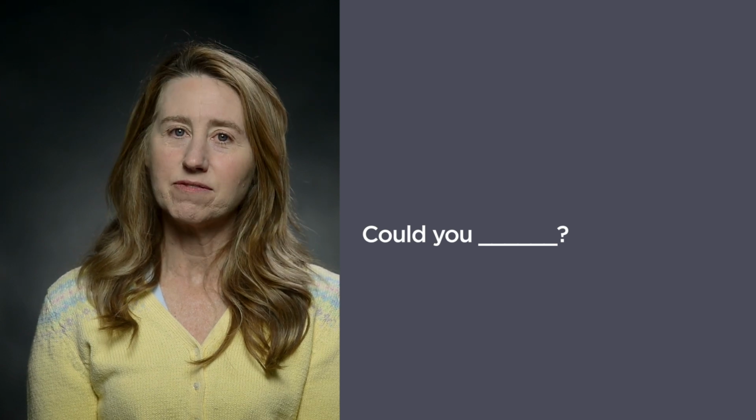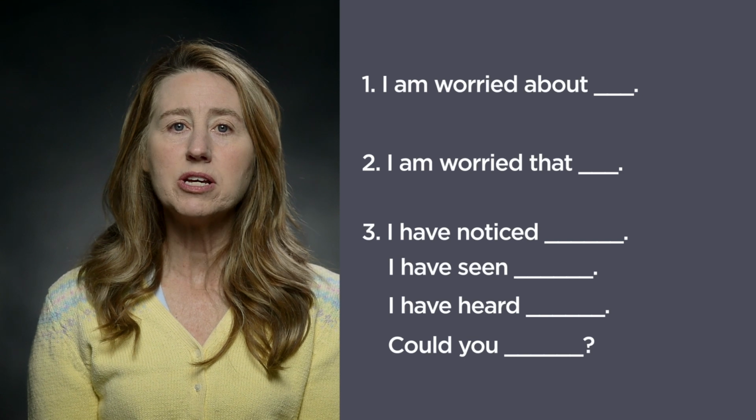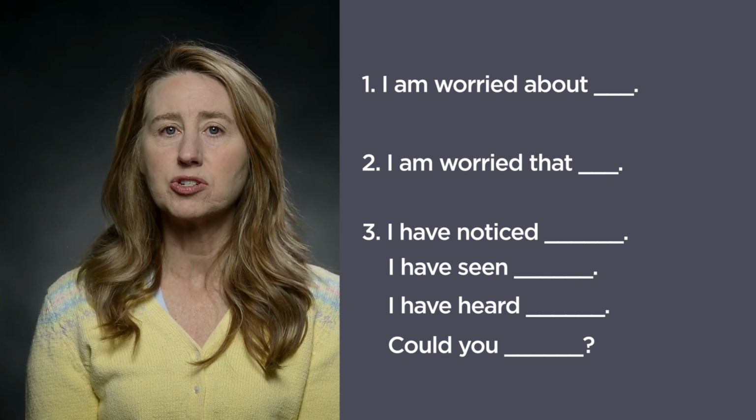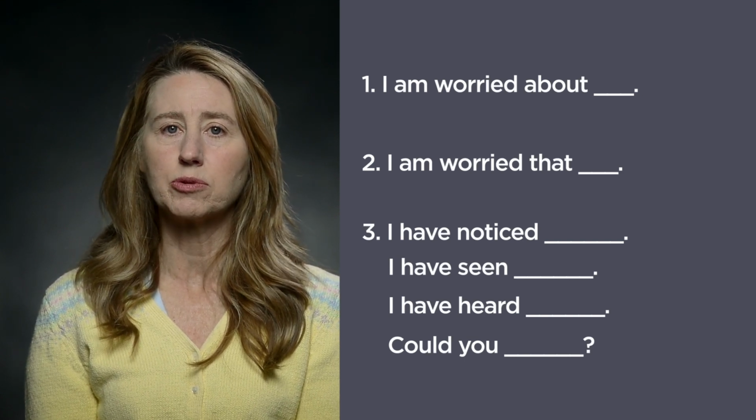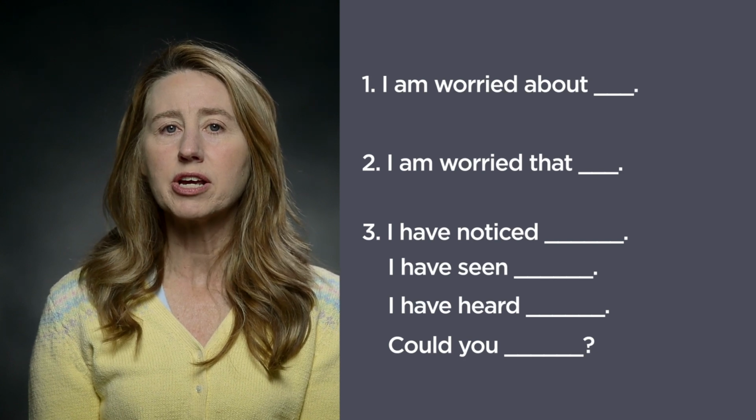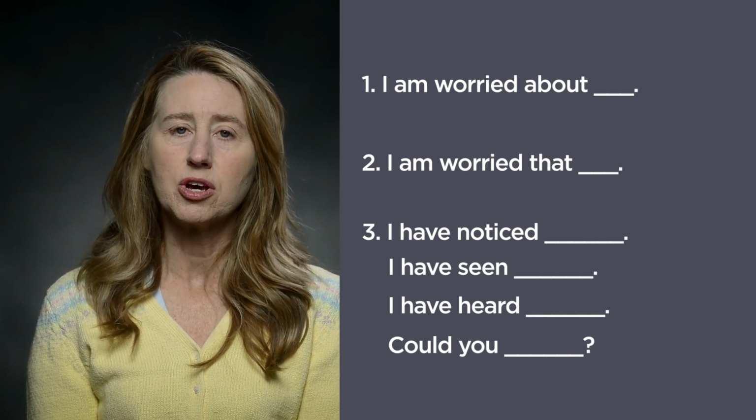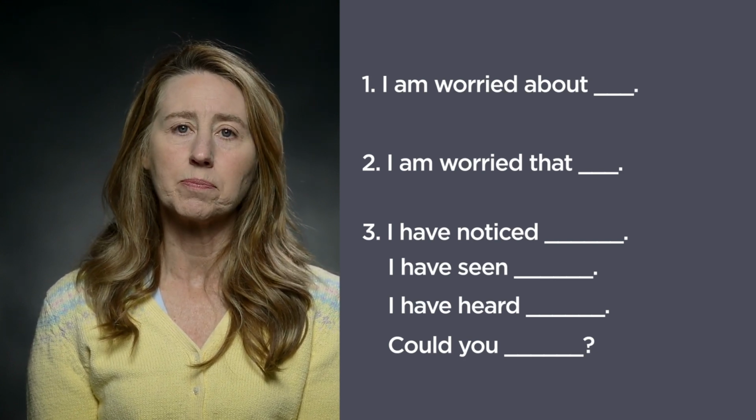This is advocating. So let's look at the sentence frames we can use to express concern about another student and advocate for them. What would be a good practice activity to help students begin to see how this language works? You could create very short examples where a student has a problem.